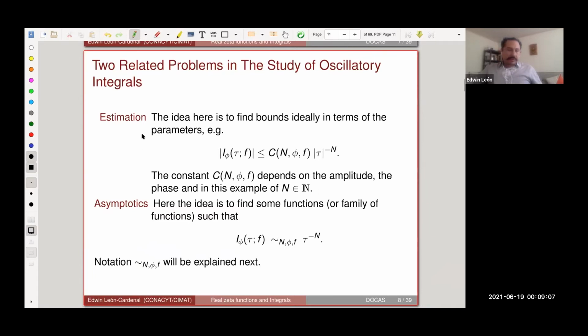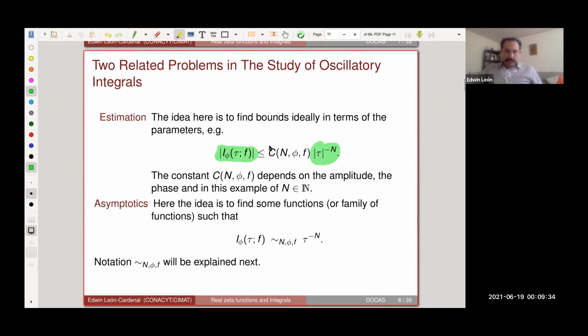So the first problem is estimation. For this problem, the idea is that once you have your integral here, you want to bound your integral, and hopefully you can find a bound depending on the parameter to some power, okay?